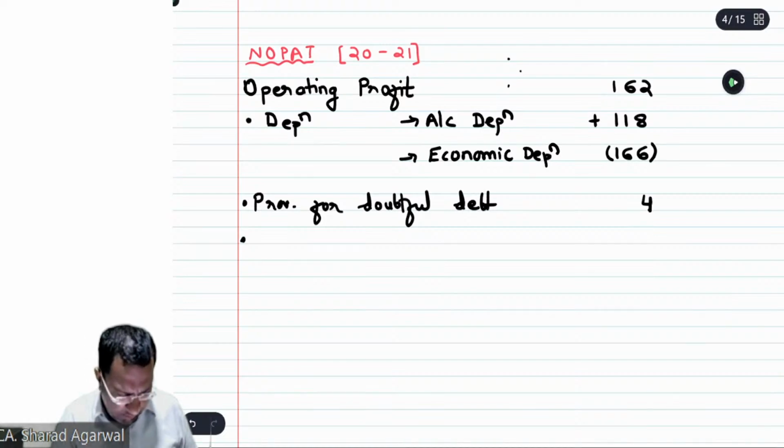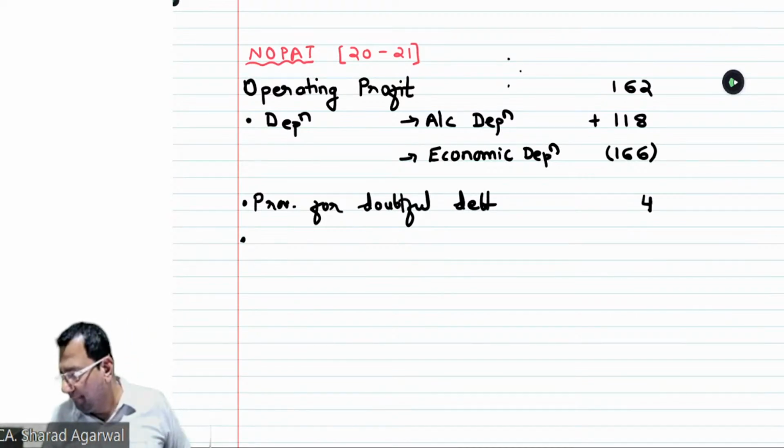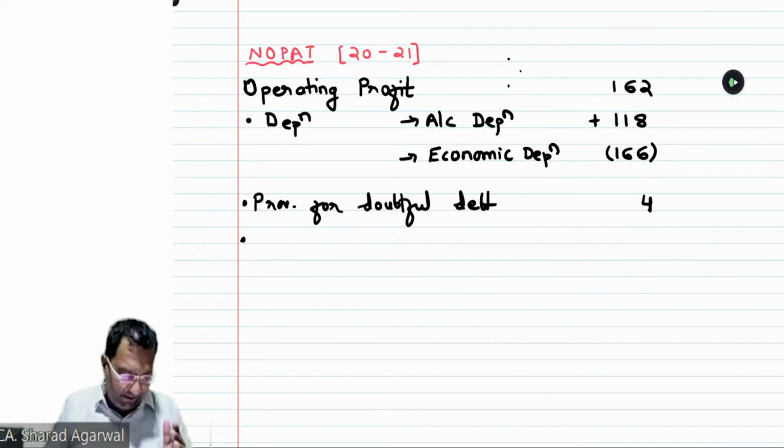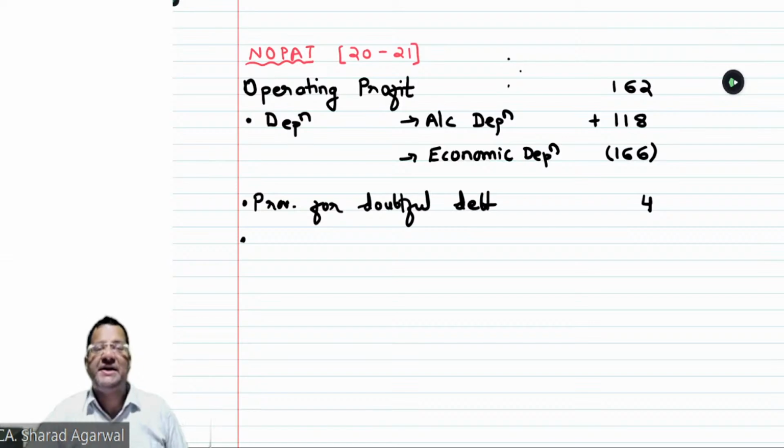Okay. Now, please read out point number 4 related to research and development, and tell me the treatment of research and development while calculating the adjusted NOPAT.